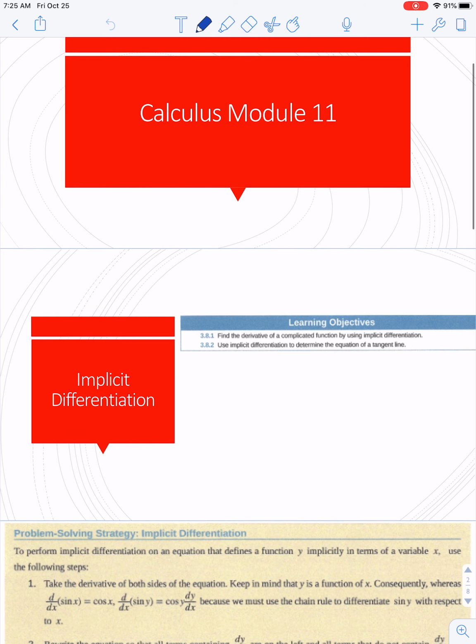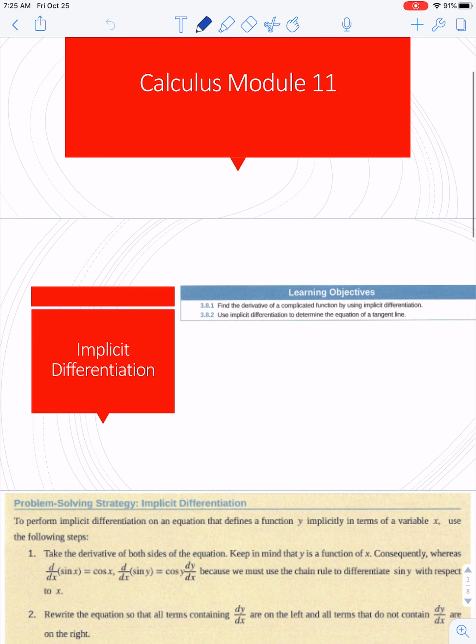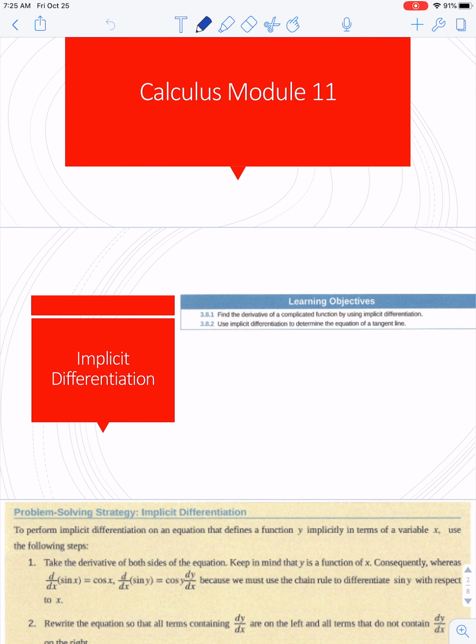So we use implicit differentiation for a couple of reasons. One, we use it when it's difficult to isolate the variable y. So for instance, if we had the equation y squared plus x squared is equal to 25.